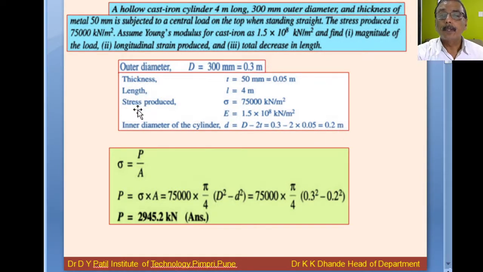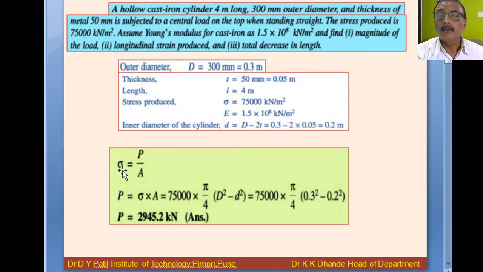So here stress produced, already mentioned in the numerical, 75,000 kilonewton per meter square, and modulus of elasticity for the cast iron, capital E, is equal to 1.5 into 10 raised to 8 kilonewton per meter square. And now we have to calculate magnitude of the load.